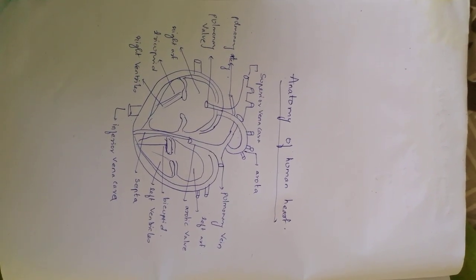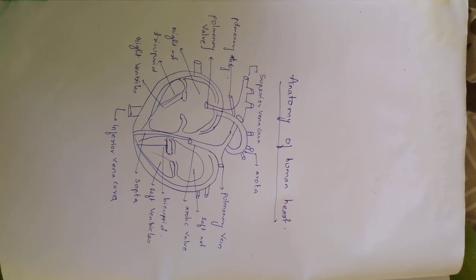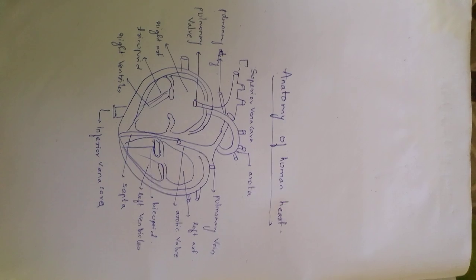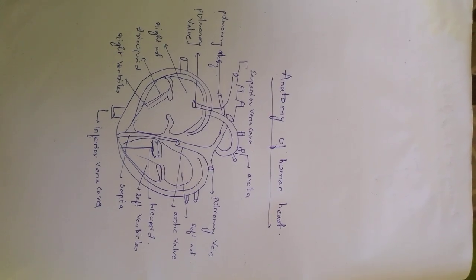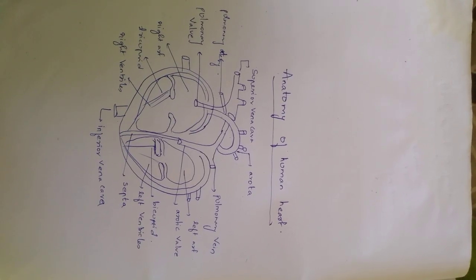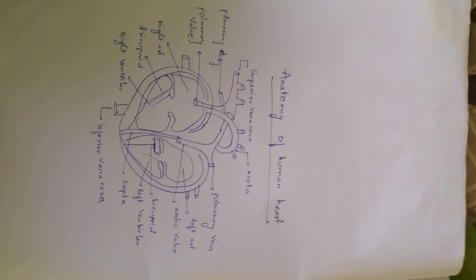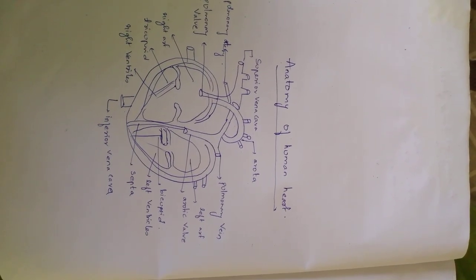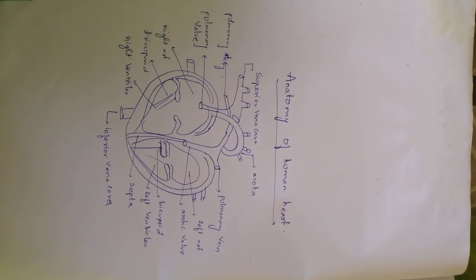Now, the function of the right atrium is to receive deoxygenated blood from different parts of the body. The right ventricle pumps deoxygenated blood to the lungs.